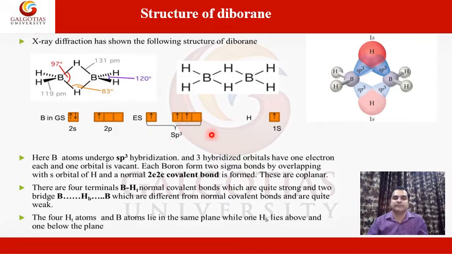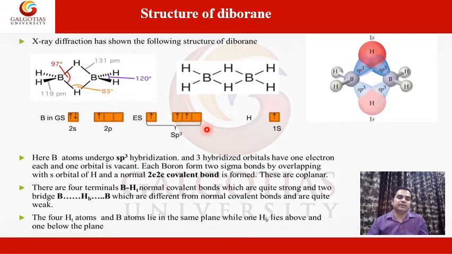In the excited state we get a 2s1 2p2 configuration. On that basis, boron can utilize sp3 hybridized orbitals in which three orbitals are half filled, and they can make two-center two-electron bonds with three hydrogen atoms, but one orbital remains vacant. That's why we can say diborane is electron deficient in nature.